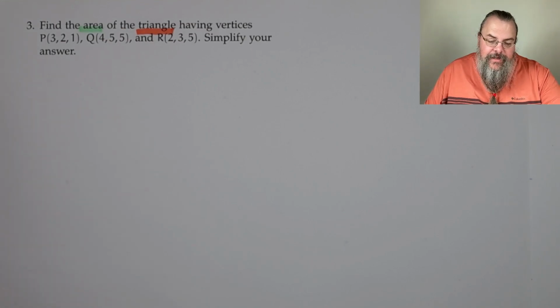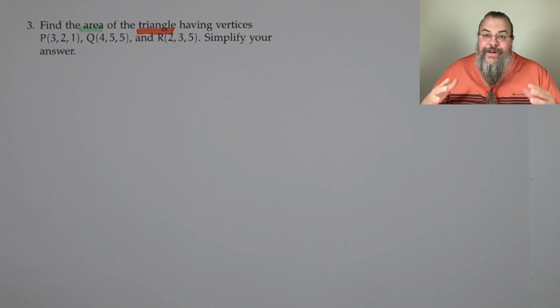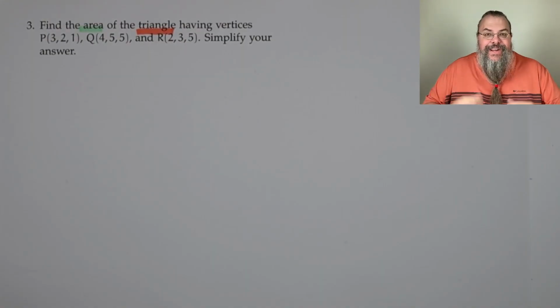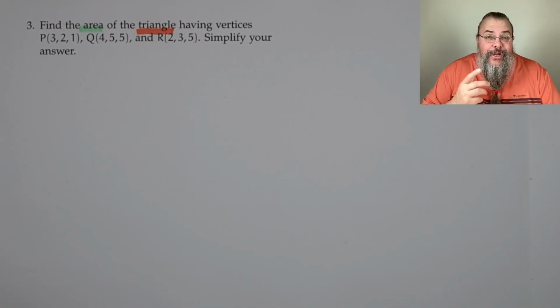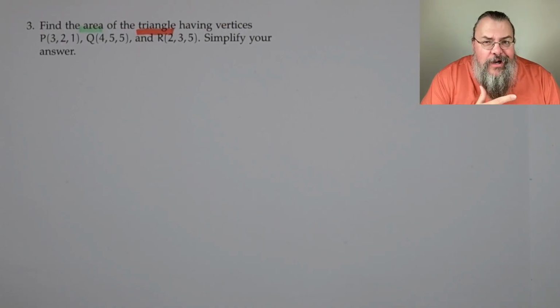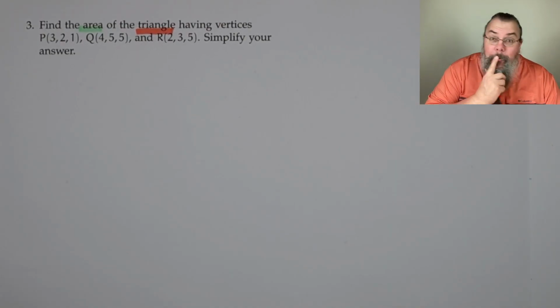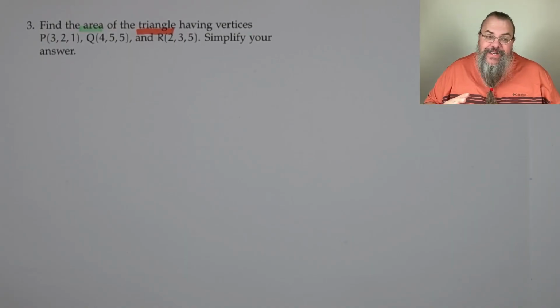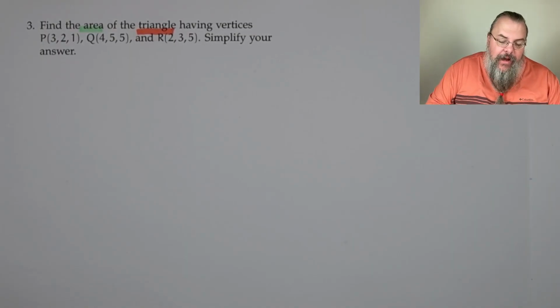Now, let's talk about this for a moment. How do we find the area of a triangle? What information stores area? Does anything cross your mind? Okay, so this is about the cross product. And here's the idea.